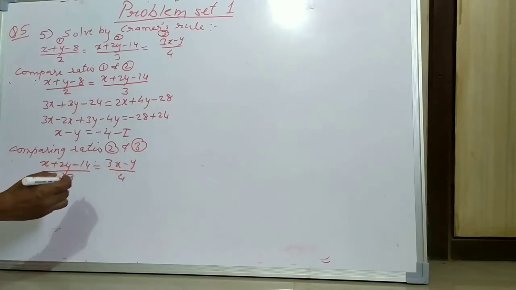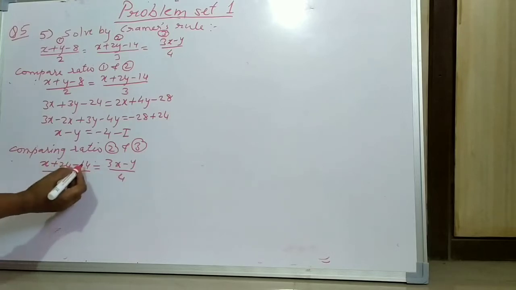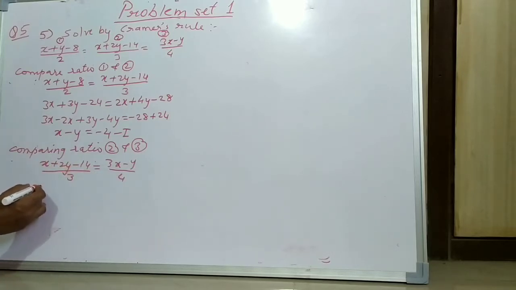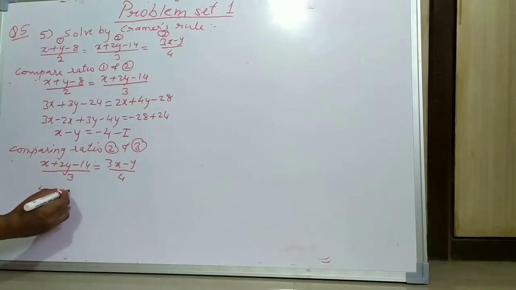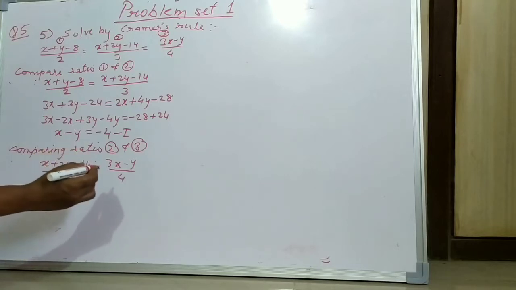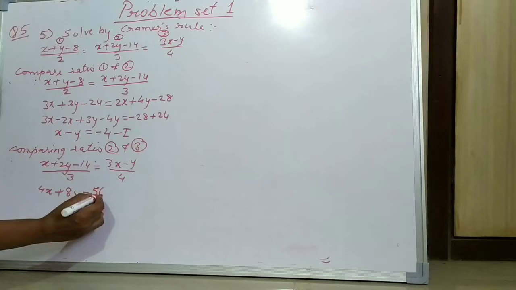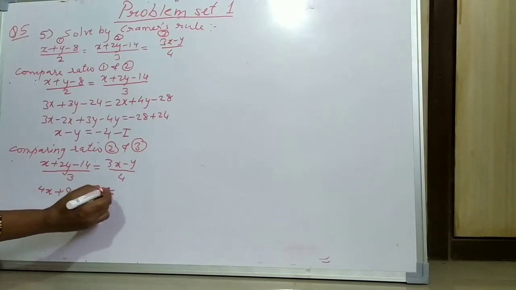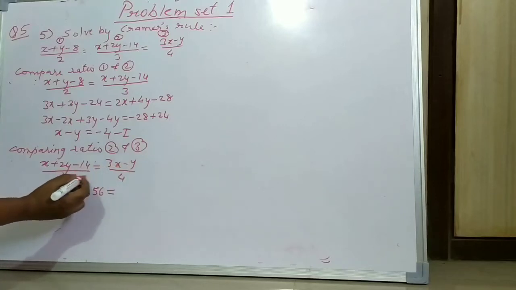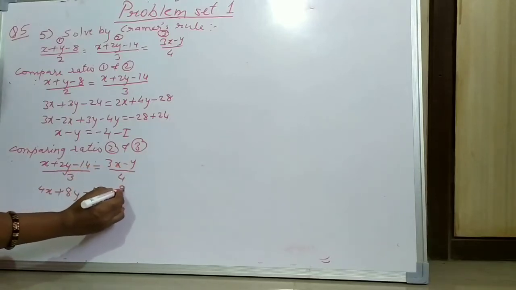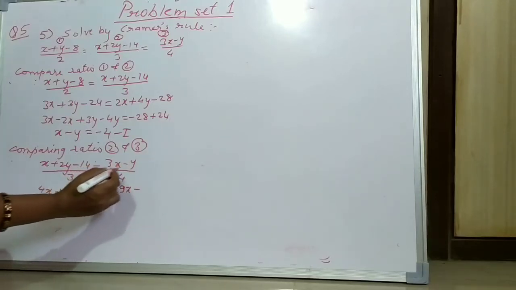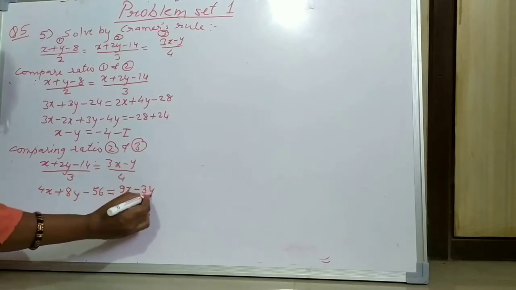Here also you have to use cross multiplication. 4 into this expression. So 4 into x, 4x plus 4 into 2, 8y minus 14 fours are 56. Similarly that side, 3x minus y into 3. So 3 into 3, 9x minus 3 into y, 3y.